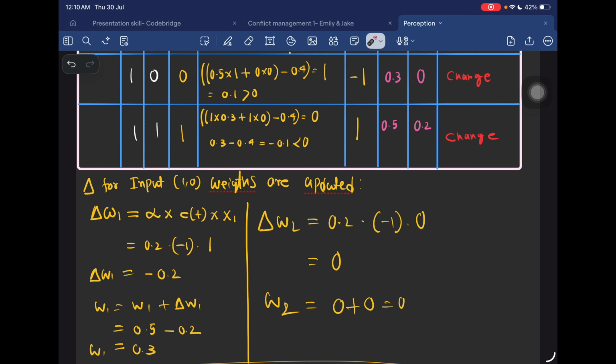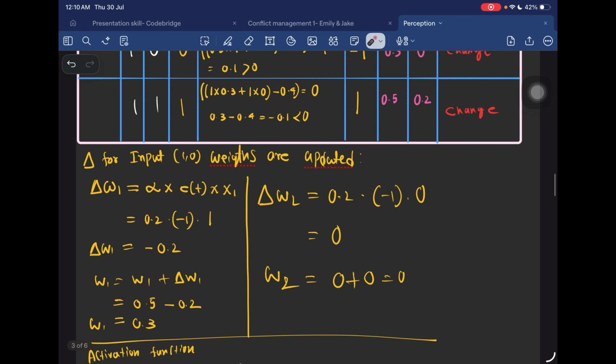Okay, the same for weight 2: the learning rate 0.2, then minus 1, which is our error value, and our second feature 0. So this comes to 0. Then we update weight 2 with the old weight 0 and our delta W2 value 0, which obviously comes to 0.